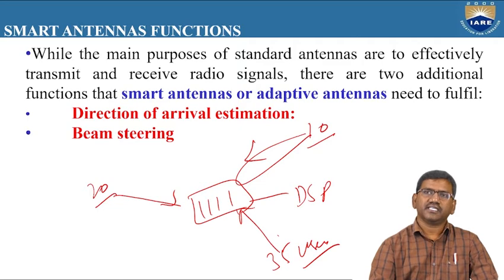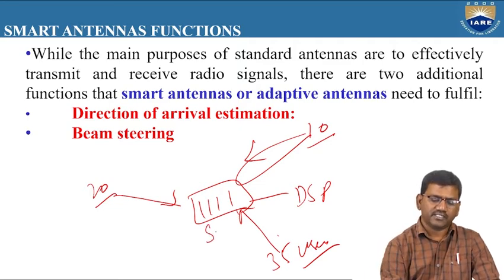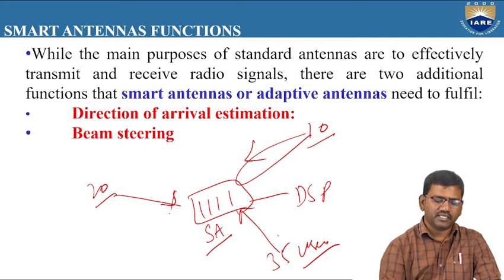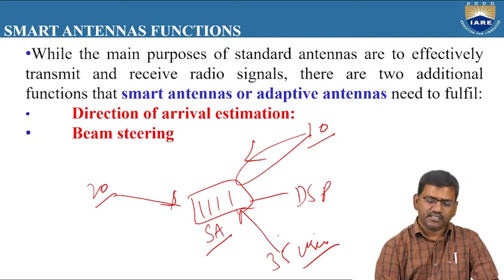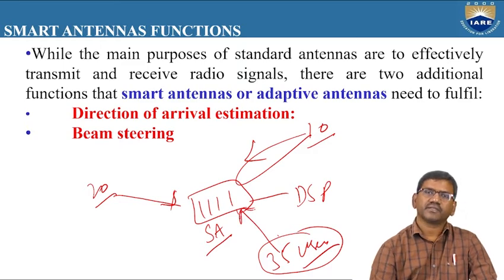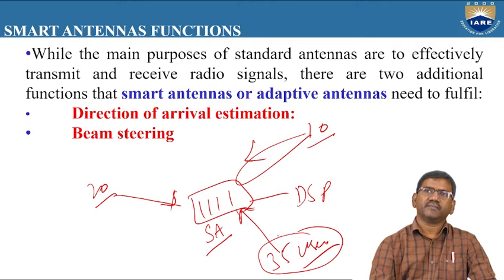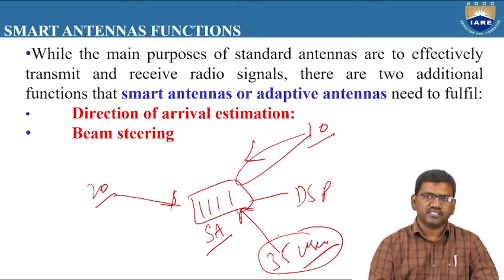These 10 users, these 20 users, and these 35 users are all sending signals to the smart antenna system. These three signals collectively are taken by the DSP processor.